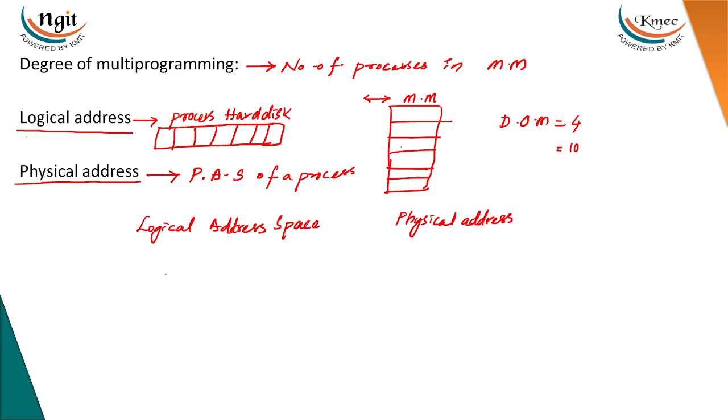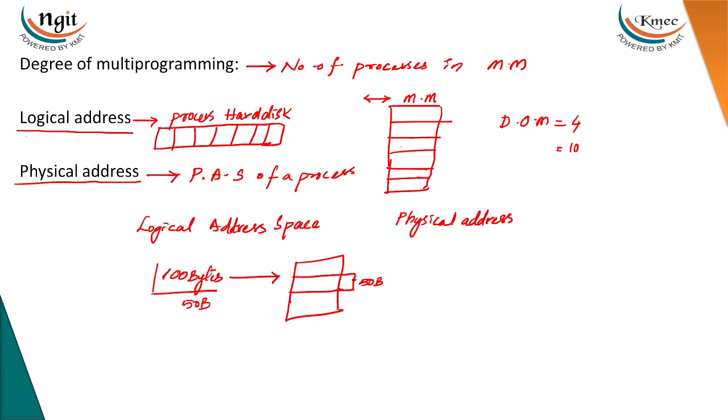If a process is of 100 bytes, all the 100 bytes may not be stored in the main memory. Only some part is stored in main memory. Suppose 50 bytes are stored in main memory; these 50 bytes we consider the physical address space of the process.